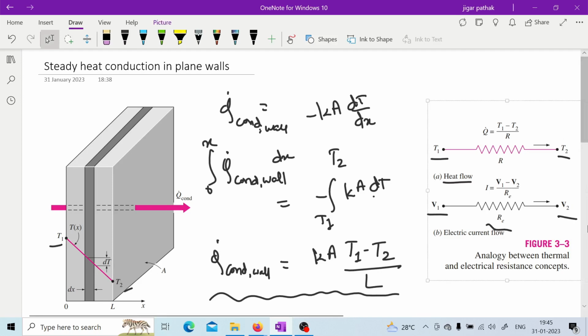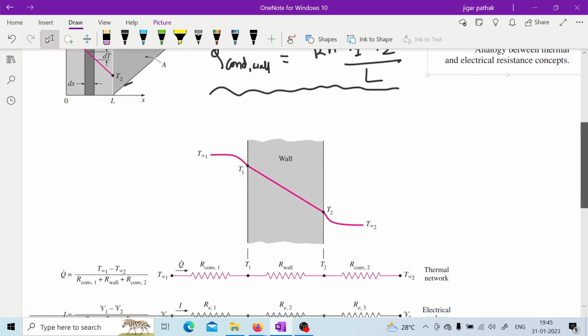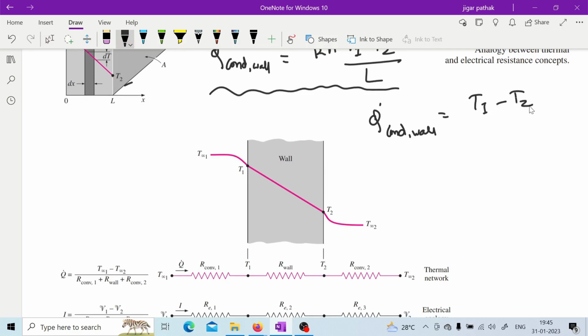So using this analogy, I can write Q conduction through wall is equal to (T1 minus T2) over R wall, where R wall is nothing but L by KA.